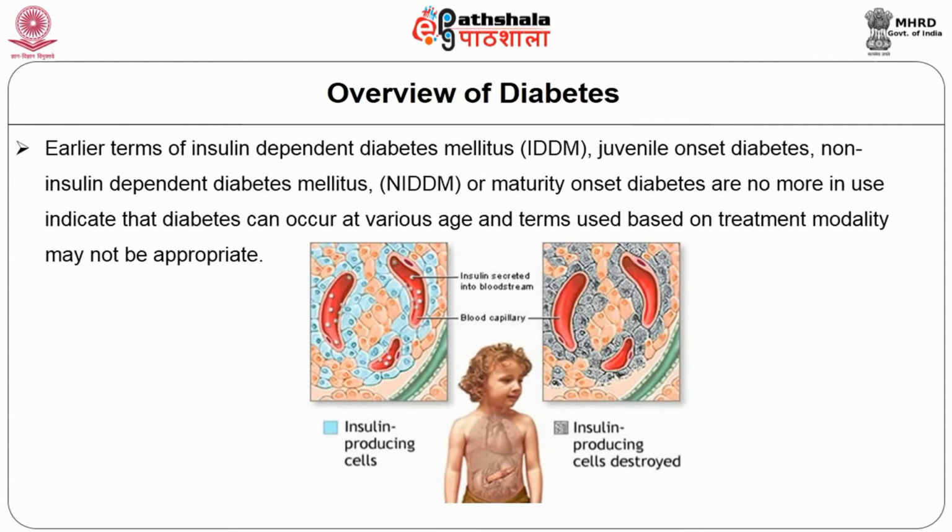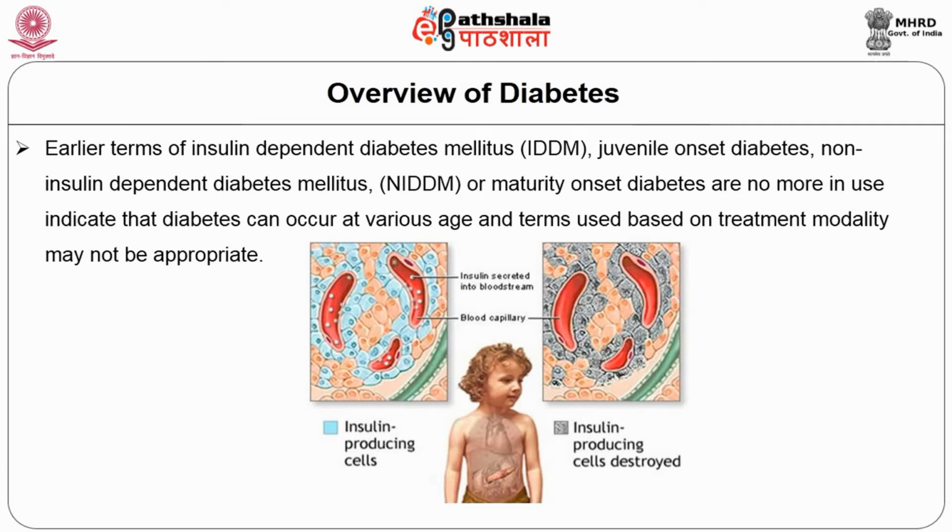The earlier terms insulin dependent diabetes mellitus, IDDM, or still earlier juvenile diabetes, and non-insulin dependent diabetes mellitus, NIDDM, or maturity onset diabetes, are no more in use.